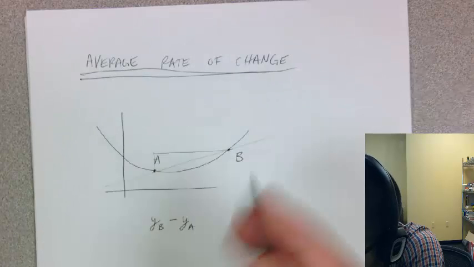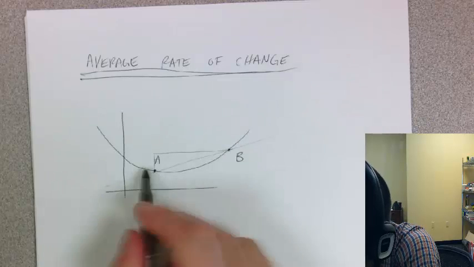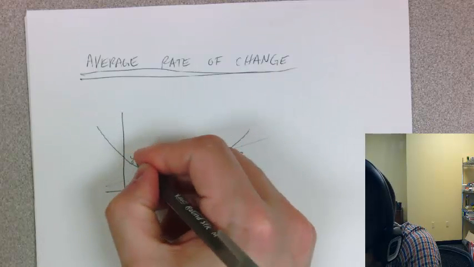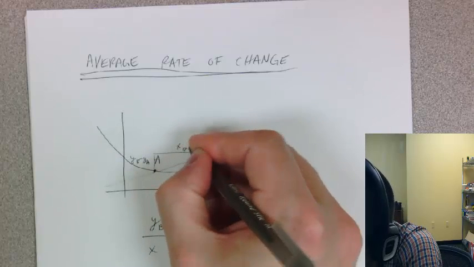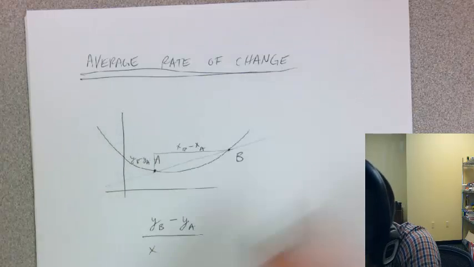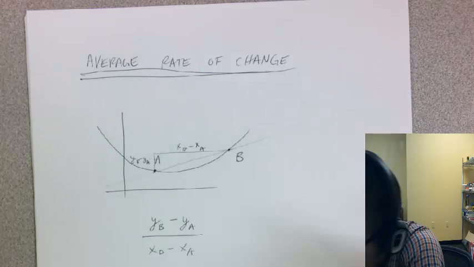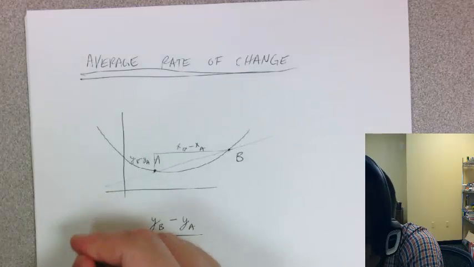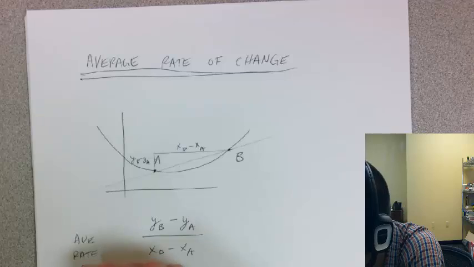So that value minus that value, and over the change in the x value. So this is yb minus ya, and this is xb minus xa. Okay, so that's called the average rate of change of a function.